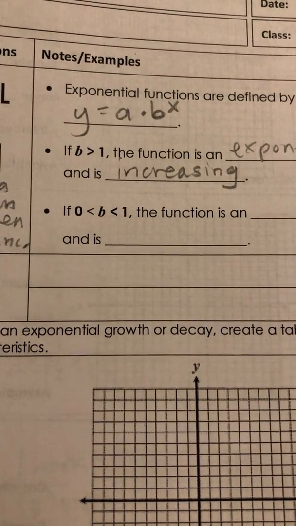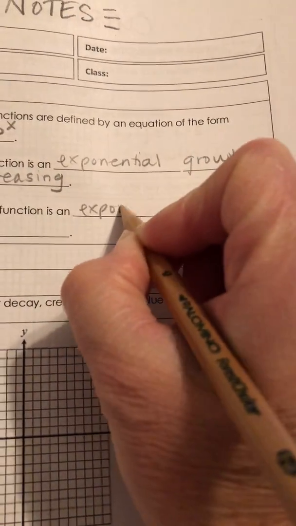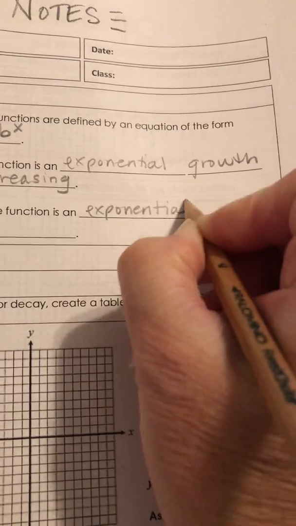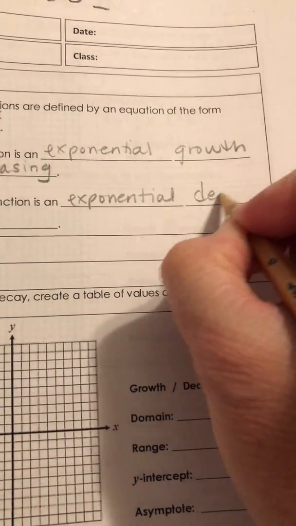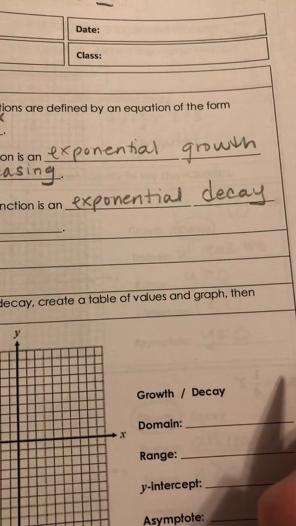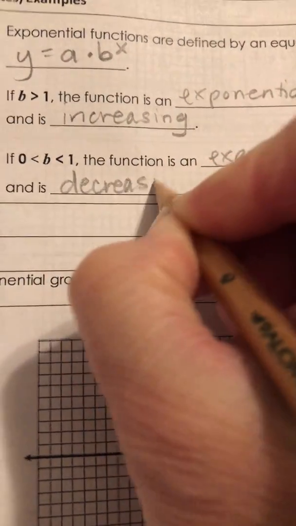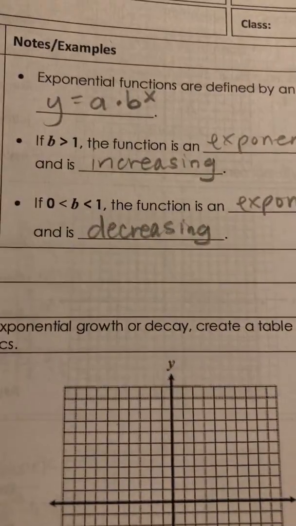Now, if b is greater than 0 and less than 1, we actually call that a very special and kind of macabre term, which is decay. Decay is dying. It is getting smaller. It is decreasing, okay?